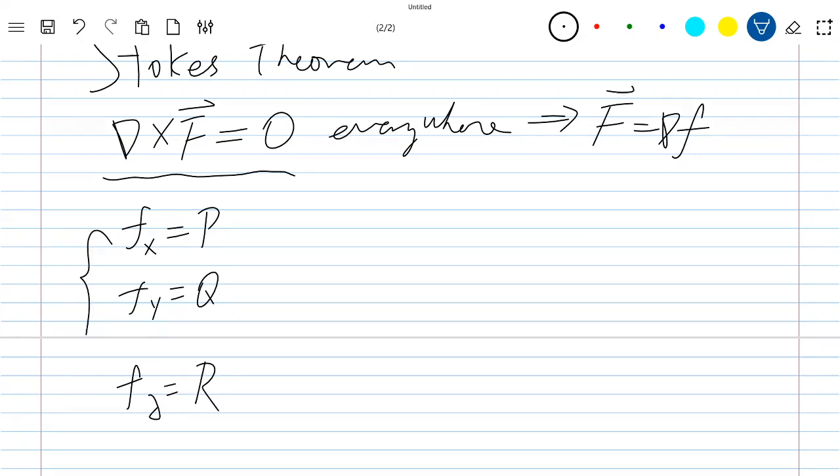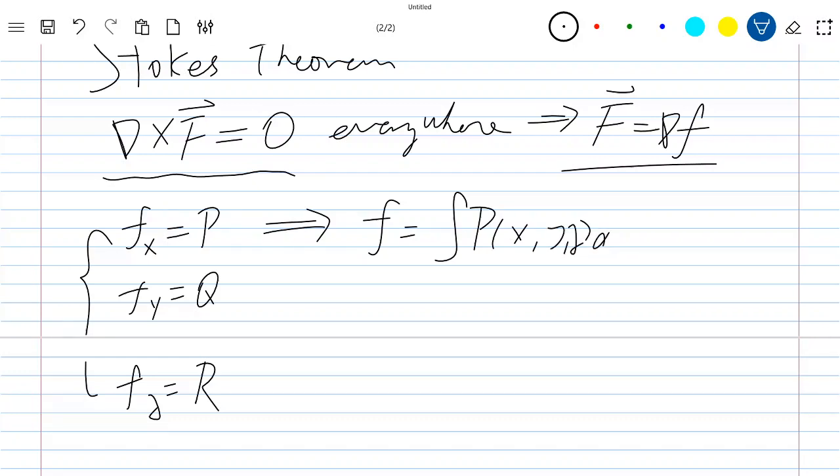So you have a system. Because if that is true, then f_x equals P, f_y equals Q, f_z equals R. And then you can find f by integrating. If f_x equals P, then f is just the integration of P. But be careful: when P is integrated over x, y and z are constants.